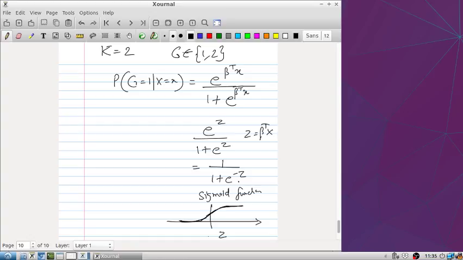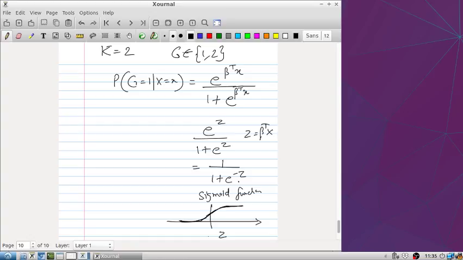Then e to the power minus z is e to the power infinity, so the denominator is essentially infinity, and 1 by something really large is 0. When z is infinity, the exponential term is 0, so it's 1 by 1, which is 1. So on the y-axis, this is around 0 and this is around 1.